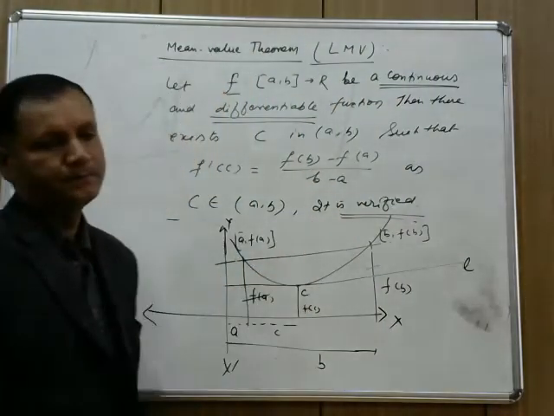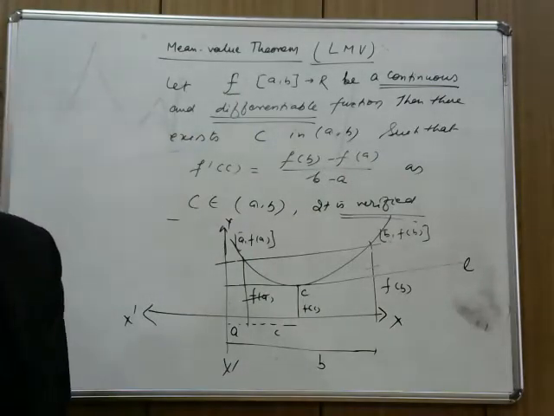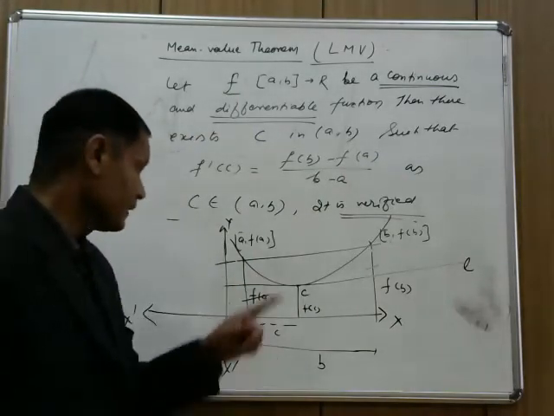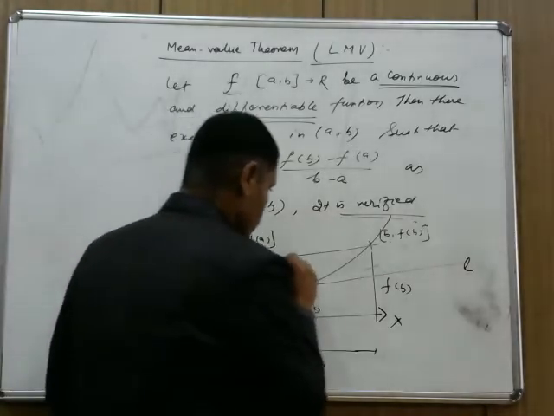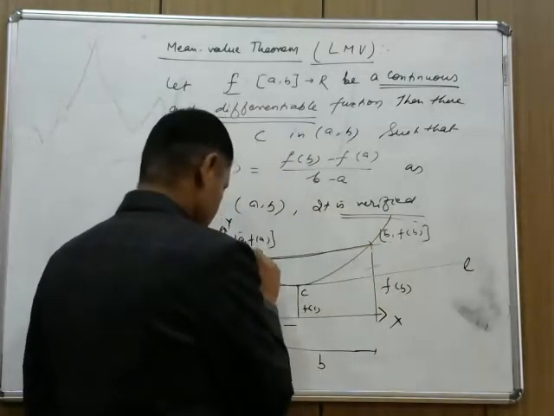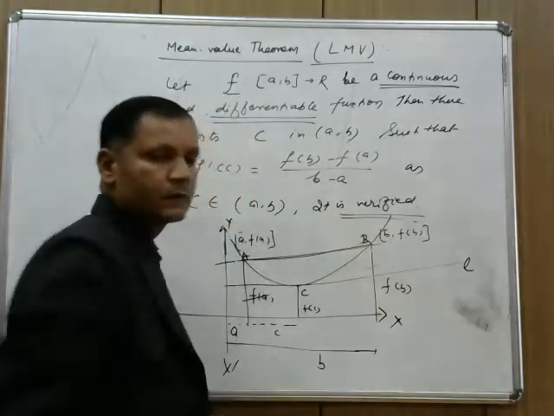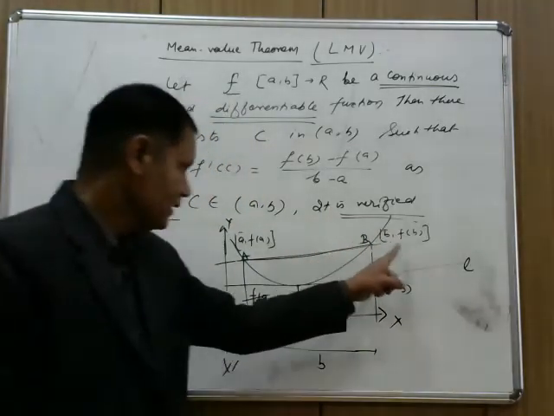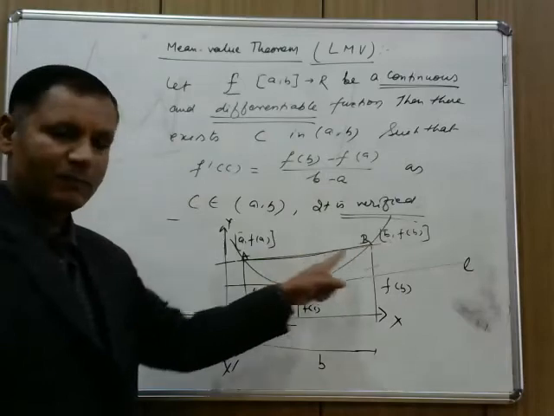Now if I ask you, what is the slope of this line which is passing through these two points A and B?